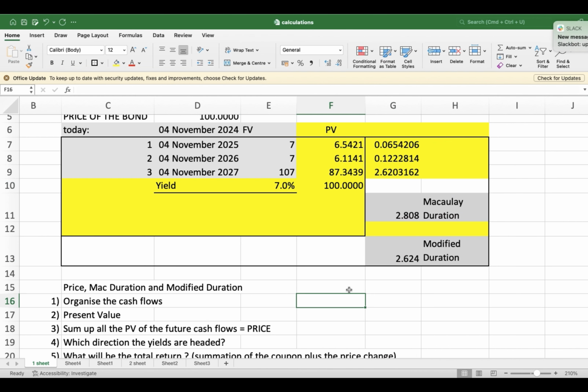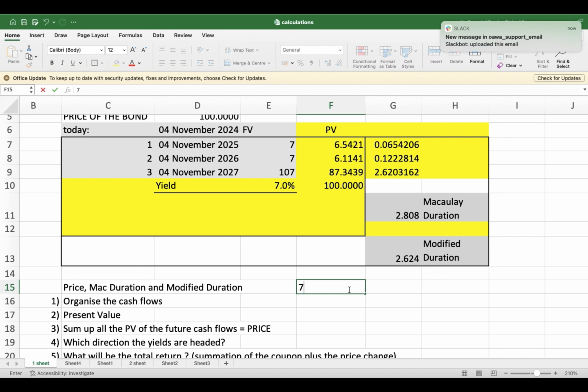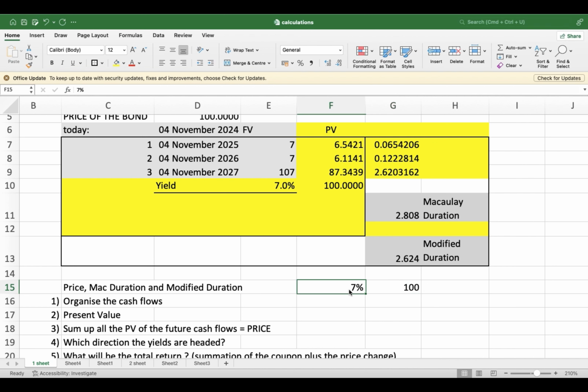Let's say when the yield is 7%, the price is 100. Let me write it down. Then when the yield becomes 6, the price becomes 102.673.